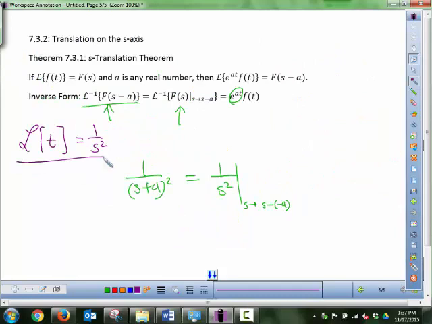So this is a transformation that we're interested in using, along with this shift in the s-axis. So then our solution should be, I'm sorry, I need to put an L inverse sign here.